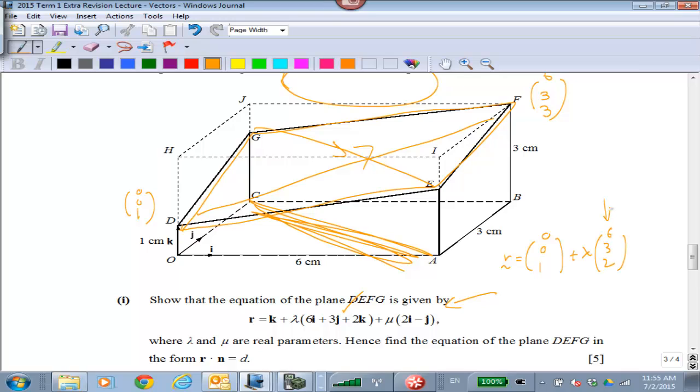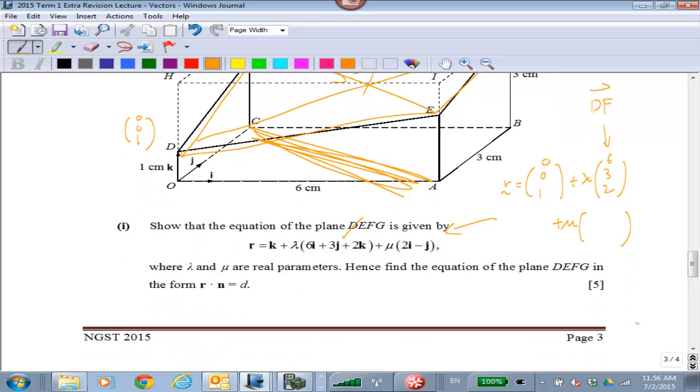This vector is actually DF, correct? And then plus mu. The vector that I'm going to use is CA, right? Yes. Is this the answer? Yes. Okay, then please work it out.